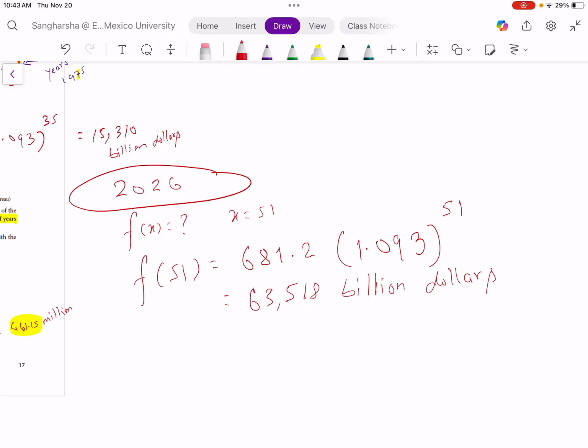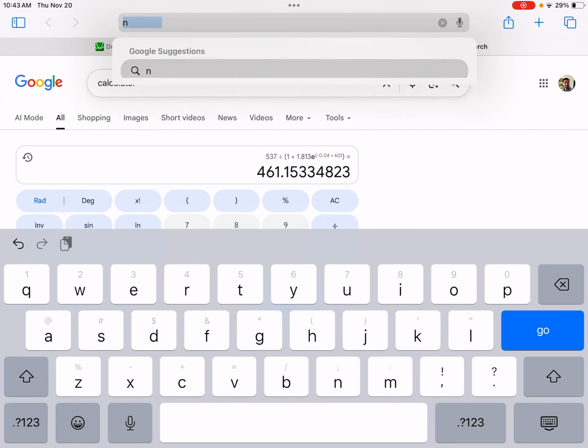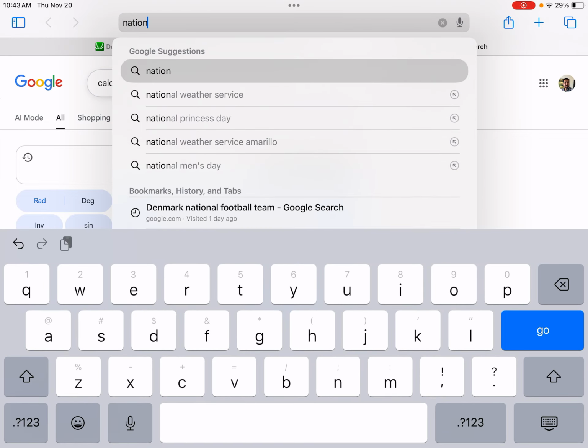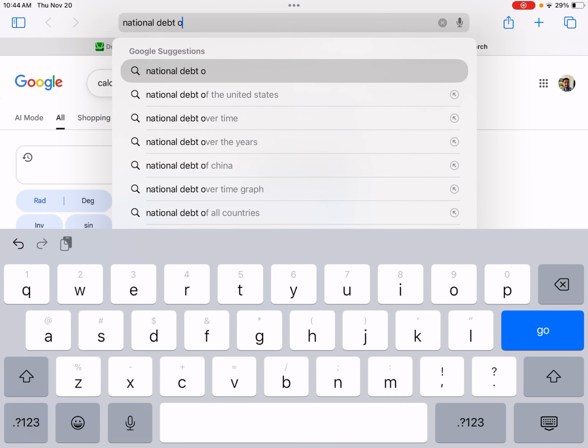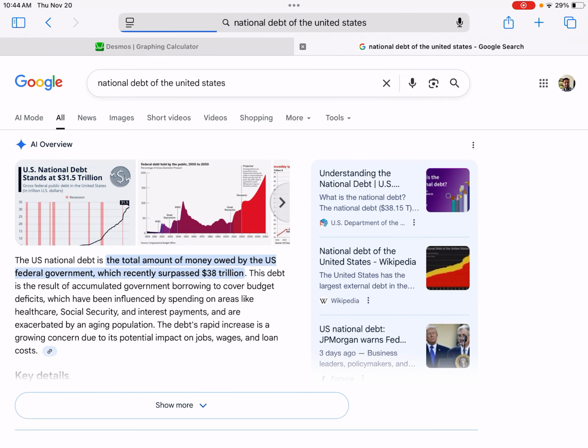Do we know what is the current national debt of the United States? Let's Google it. Let's find out. Are we close enough? It's $38 trillion. Okay, that's the current 38 trillion.